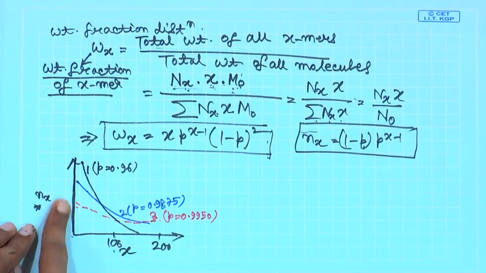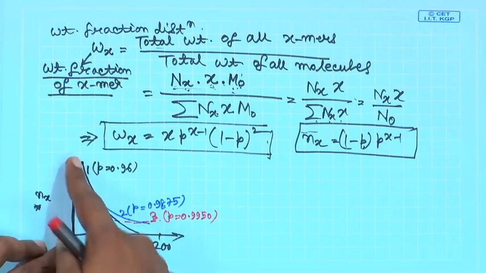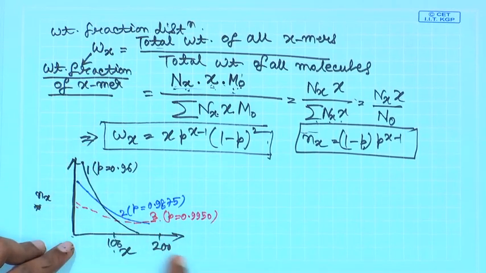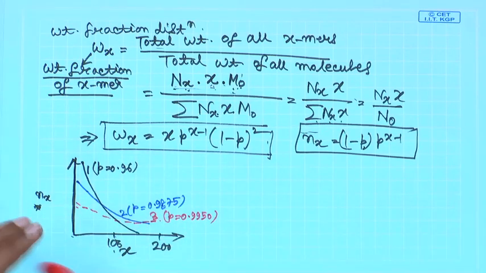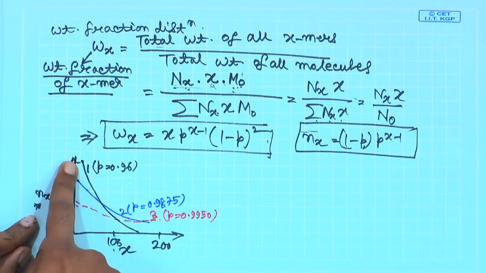And this number fraction corresponds to the degree of polymerization here. This graph tells you, say for example graph 1, that at 96% conversion, this is the number fraction distribution of different oligomers or polymers, everything. So, if you are going towards here, you are going towards a monomer.